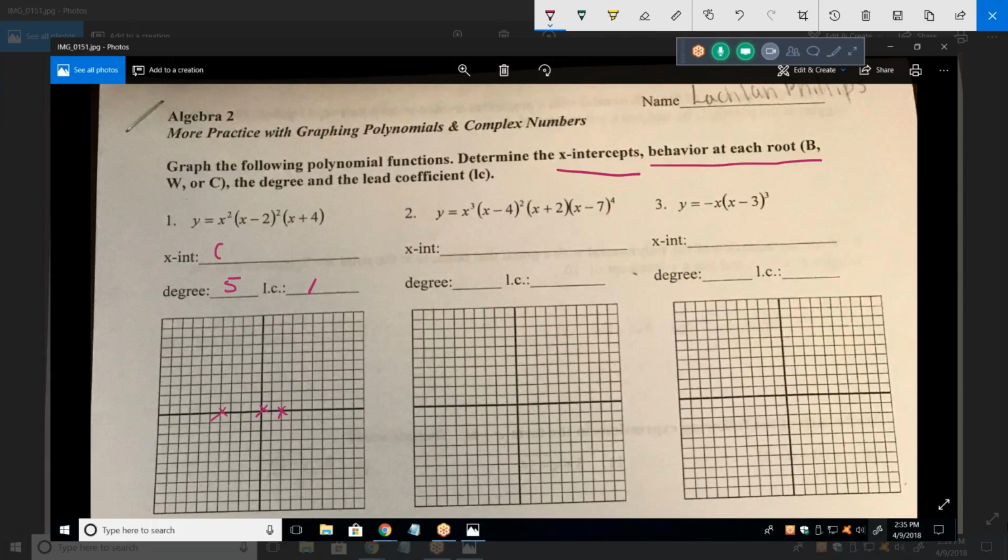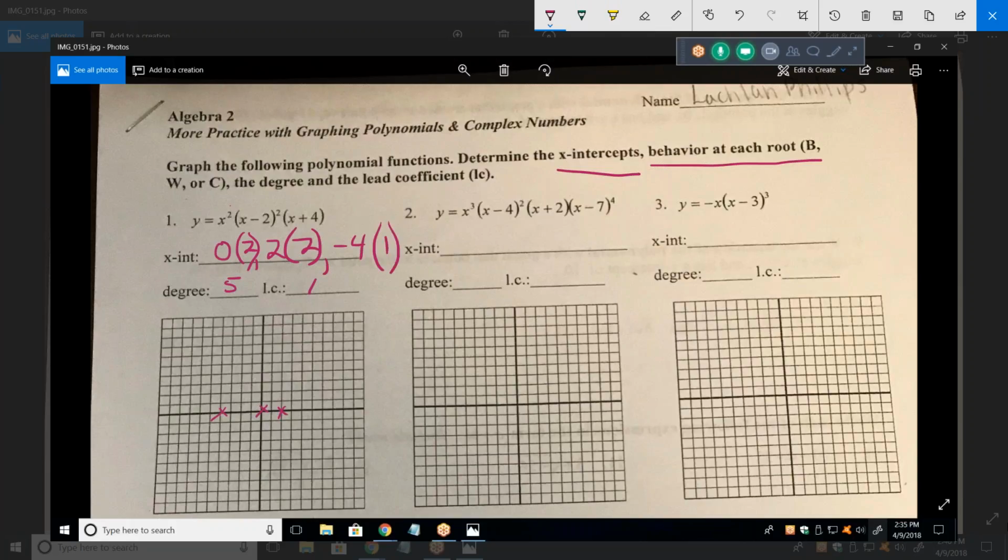Remember what the roots were: 0, 2, and minus 4. What's the multiplicity on the 0? 2. What's the multiplicity on the 2? 2. What's the multiplicity on the minus 4? Would it be 1?